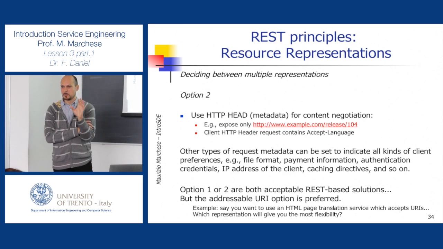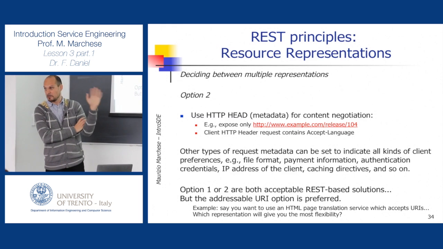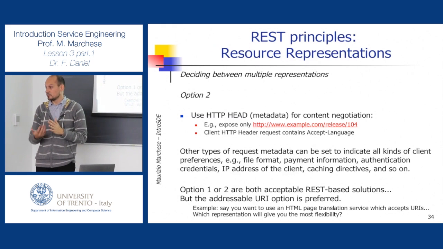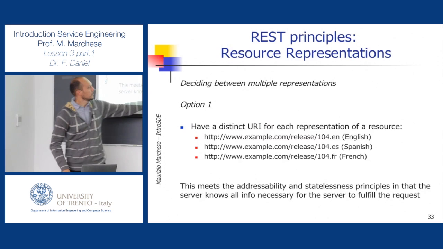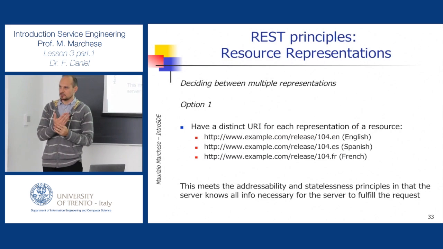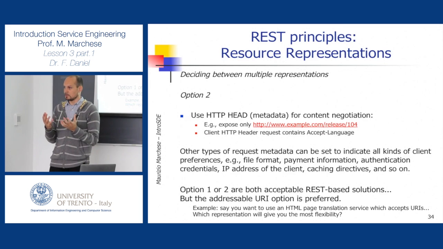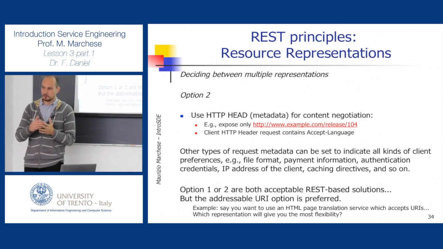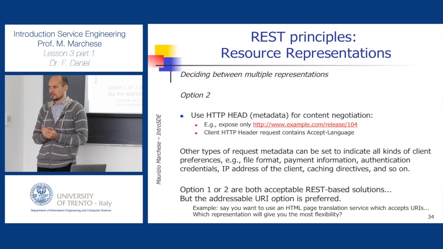The purists of REST are more for option number 2, because they say representations may change over time. If I tell you that today this URI gives you the French representation of this resource, maybe tomorrow I change my service, and this URI is no longer there, and the French resource moved to some other URI, then your client will break.